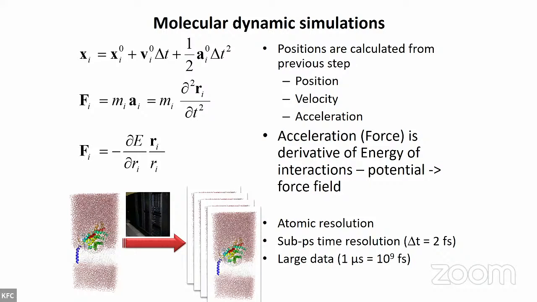And we get the acceleration from how strong the interactions acting on that specific atom are, so the force of that interaction, which is basically taken from the derivative of the potential. So we basically calculate the potential and its derivative for each individual atom, and then update how it acts, where it is, and how quickly it is moving.